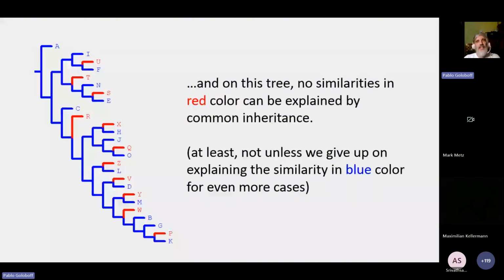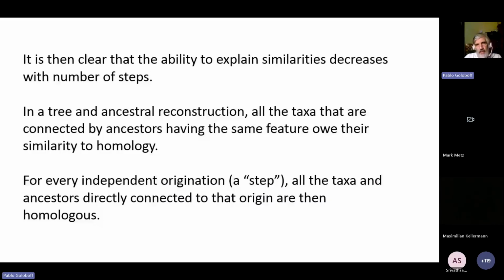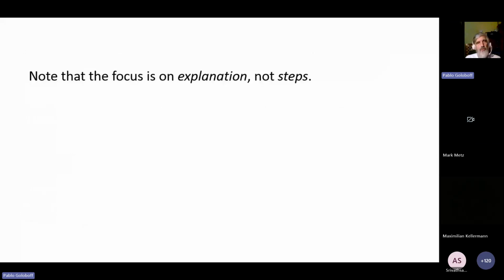So it is clear that the ability to explain similarities by common ancestry decreases with numbers of steps. In a tree and ancestral reconstruction, all the taxa that are connected by ancestors having the same feature owe their similarity to homology. For every independent origination, that is to say a step, all the taxa and ancestors directly connected to that origin are then homologous.